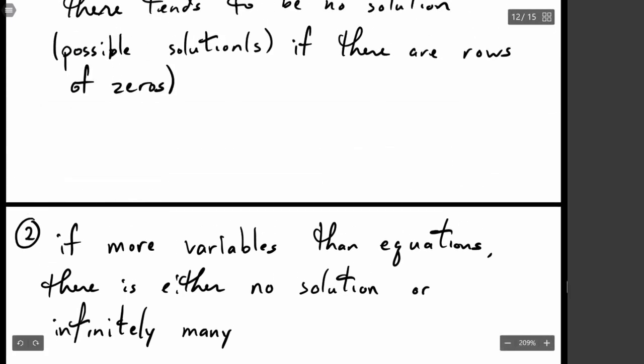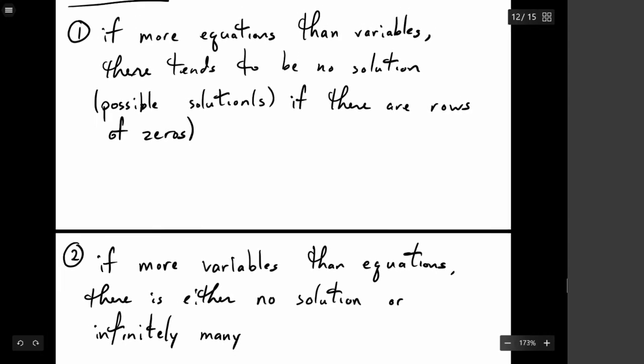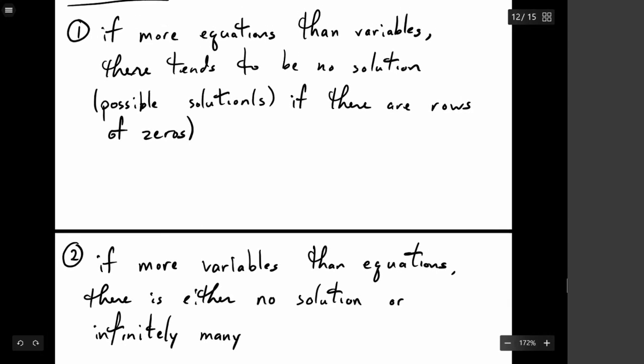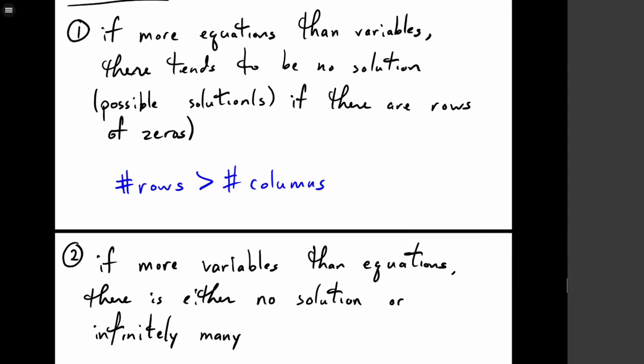So up here, this first one, when we look at it as a matrix, the number of rows is greater than the number of columns. Right? And I want to emphasize that when we're counting the number of columns, this is not counting the constant column.